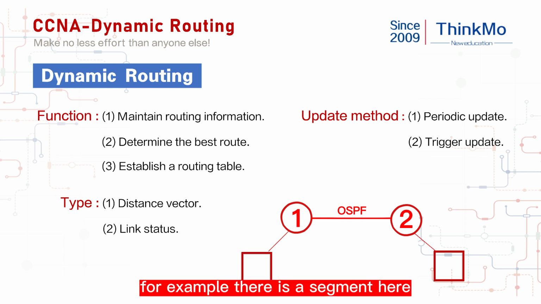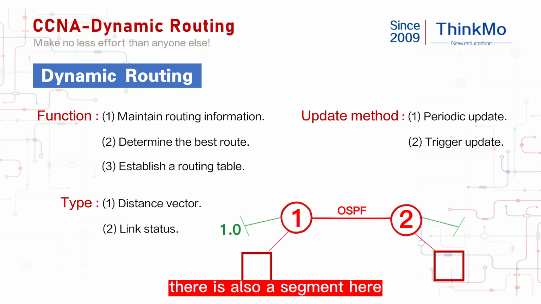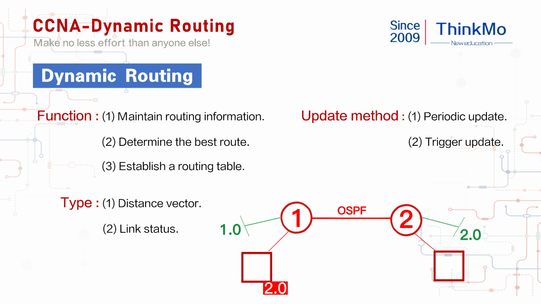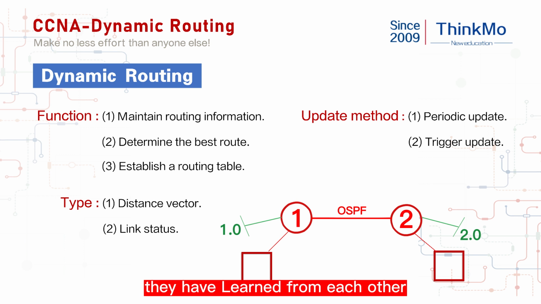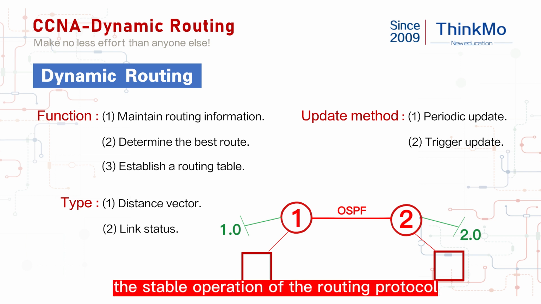For example, there is a segment here, 1.0, and a segment here, 2.0. They have learned from each other. R2 can go to 1.0. R1 can also go to 2.0. After learning, it is equivalent to the stable operation of the routing protocol.